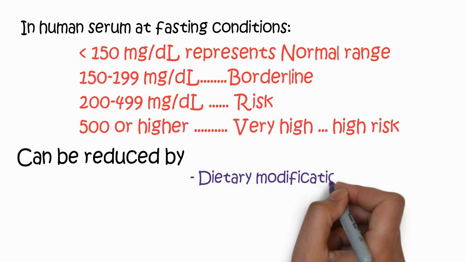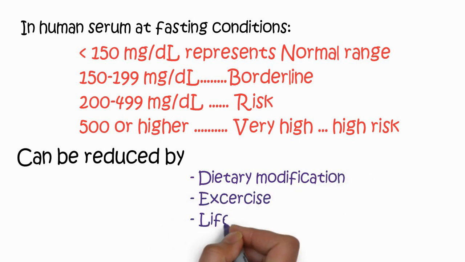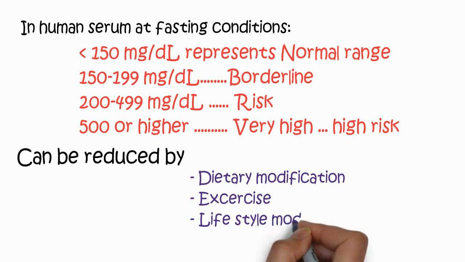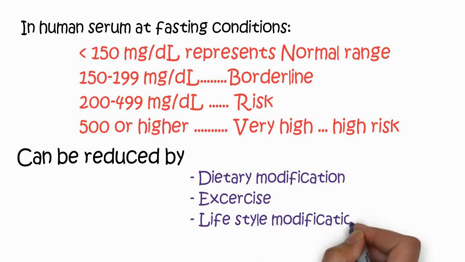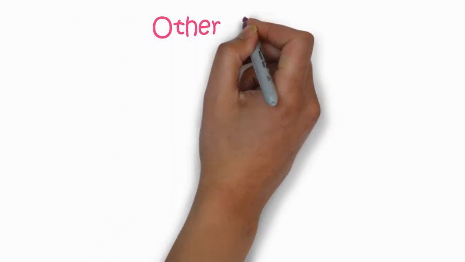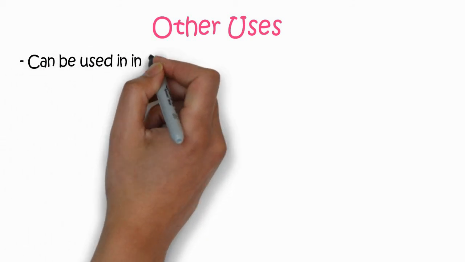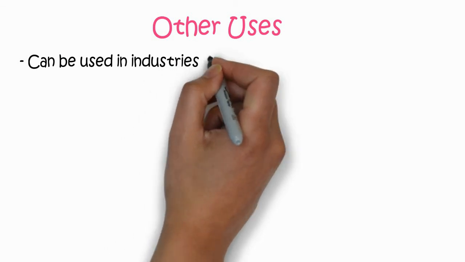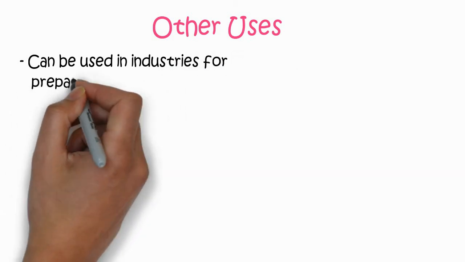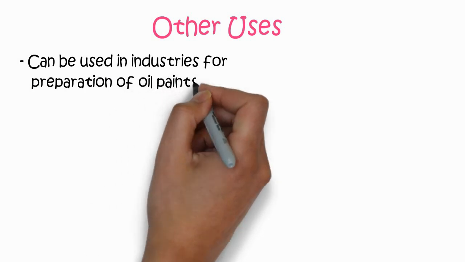The amount of triacylglycerol can be reduced by dietary modification, exercise, lifestyle modification, as well as specific medication used for the treatment. Other major uses are in industries for the preparation of oil paints.